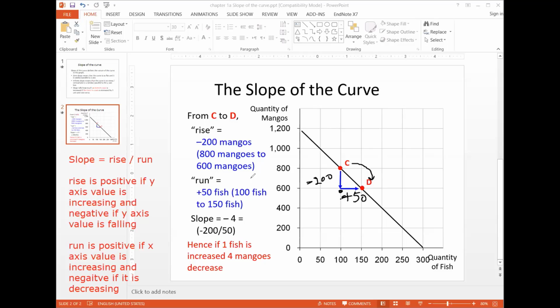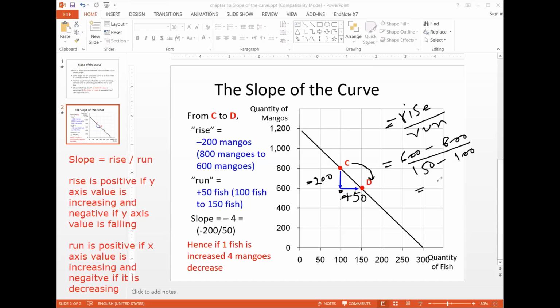So the formula shown here is equal to rise over run, or we can also write it as 600 minus 800, that is the movement from C to this dot, divided by 150 minus 100.